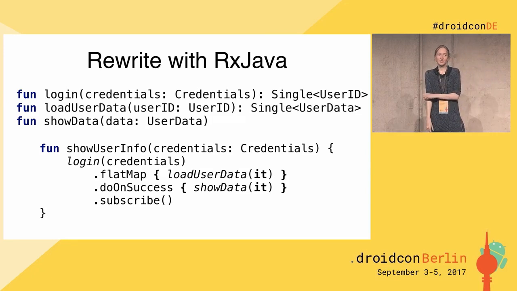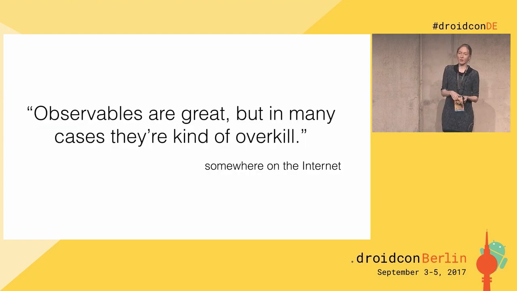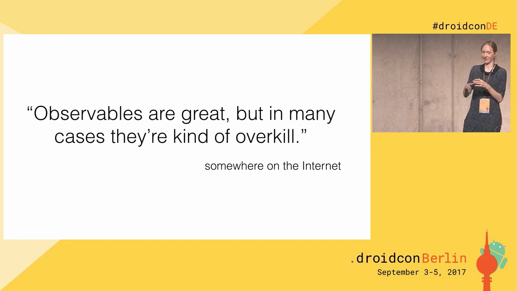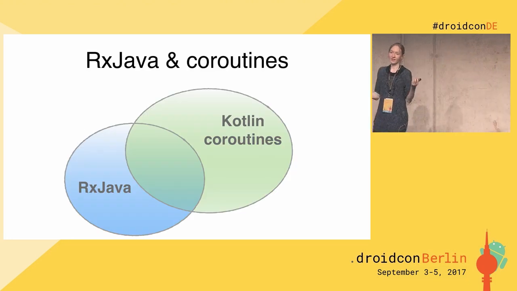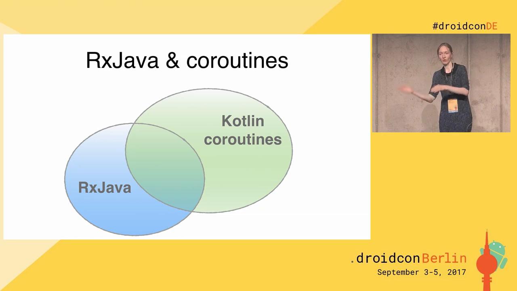I think what I try to illustrate here is that probably you don't need Rx for all kinds of tasks. If you strive hard to add Rx to your application, like if you try to find somewhere to add it and have to invent this observable, then probably coroutines will suit you better in this case. And in general, it's not a question of Rx or coroutines.